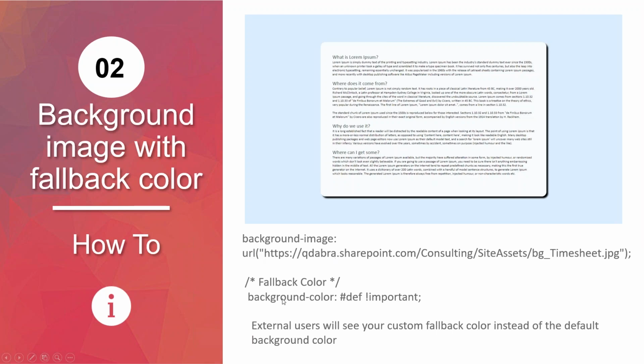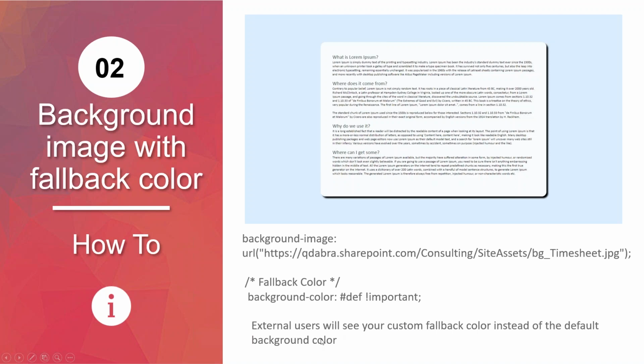So in that case, what you want them to see is a color, maybe, right? I haven't tried if we can do a gradient here, but I don't think so. It's just going to be a plain color. So yeah, that's how you specify it. External users will see that custom fallback color instead of the background image.